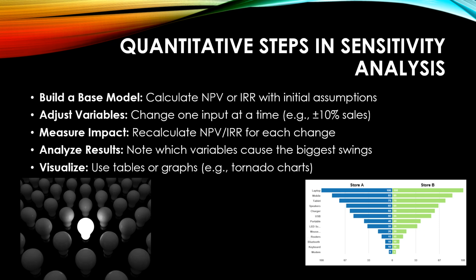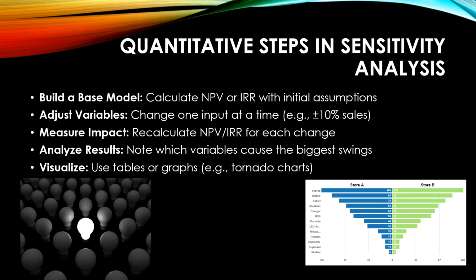All right, so here's the numbers. We first need to build a base model or foundation, working with the NPV calculation using expected cash flows based on our project. Then we've got to tweak one variable at a time to make sure that we get the exact amount.